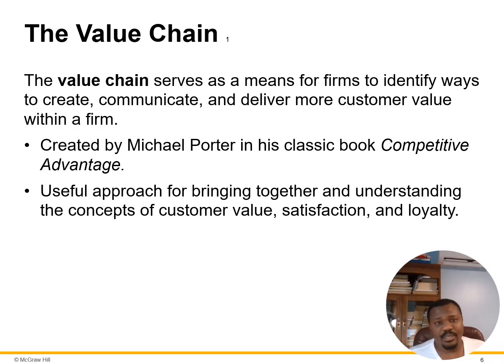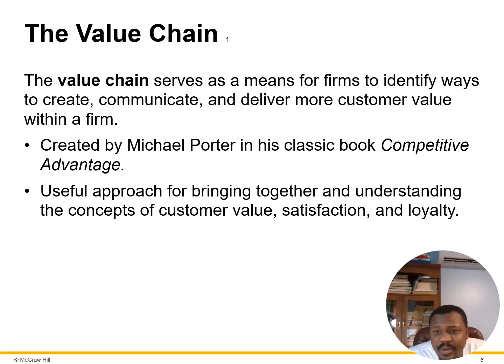And this is more important. Firms should consider their value chain and make it more effective, because it serves as a means for firms to generate more income, as it creates, communicates, and delivers more customer value.